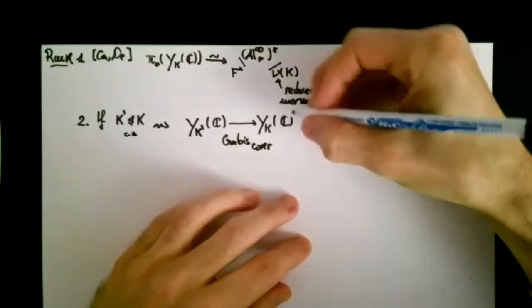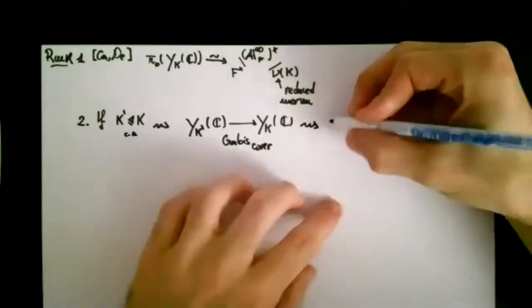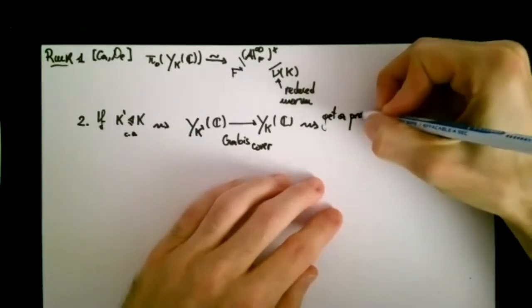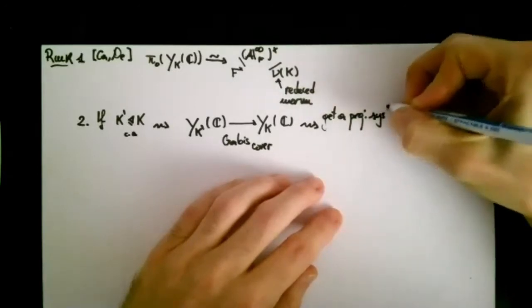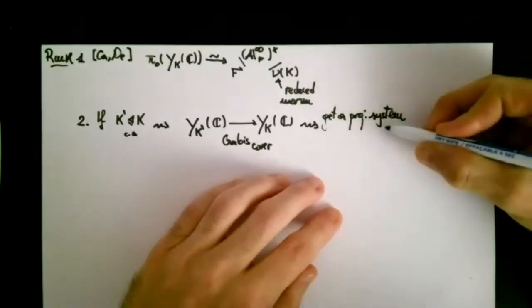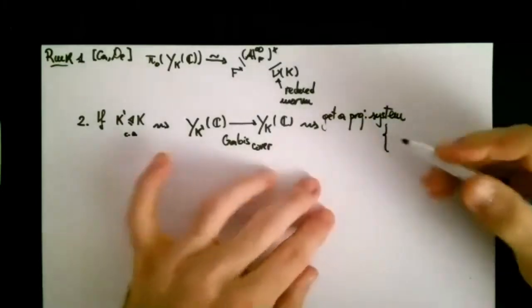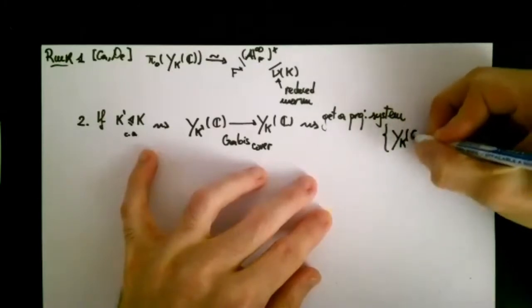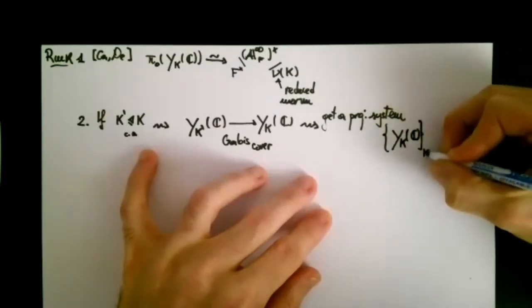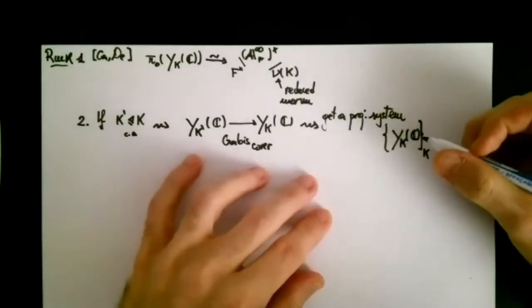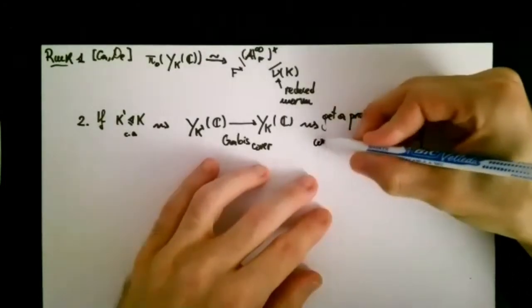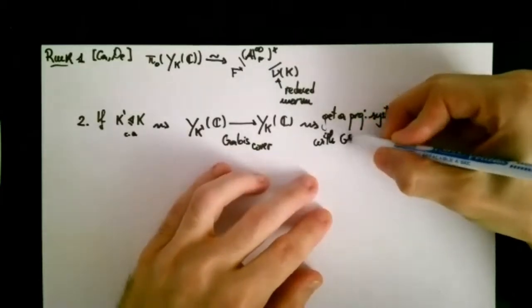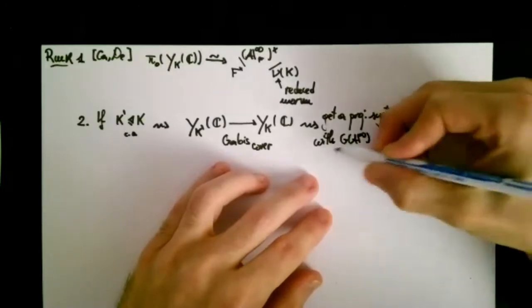And this gives us a projective system. So we get a projective system parameterized by compact opens in the finite adels. So here I have Y_K, C. And this projective system has an action of the finite adels, G(A_infinity) action.